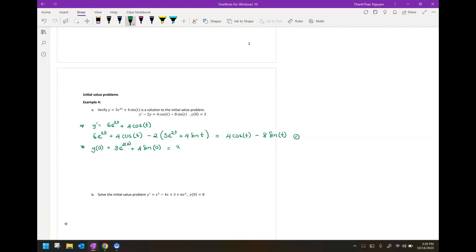This equal to 3. So indeed, y equal 3e to the 2t plus 4 sine t is a solution to the initial problem.